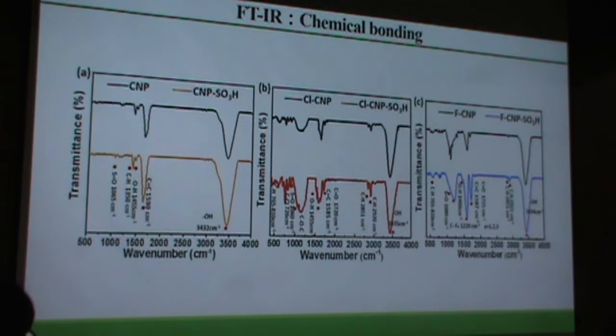And after the sulfonation, we can also see some oxidation of the carbon: the OH intensity increasing, and the OH, the carbon double oxygen bond and the SO double oxygen bond. It means the successful sulfonation of the carbon by using the gas-liquid interfacial plasma technology.